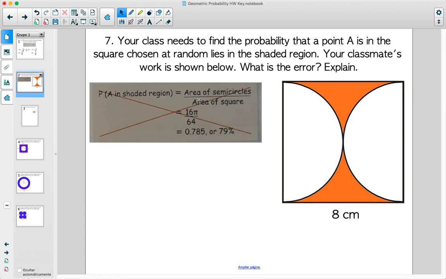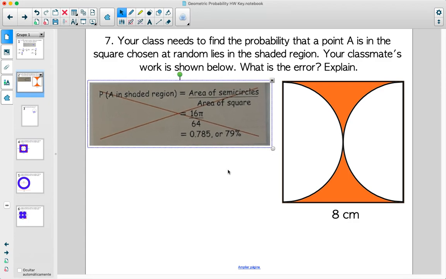So if we put the area of semicircles, we are saying what's the probability that the point will be in the shaded semicircle? So Niall, you are in denial. We do not want to use just the area of semicircles. We will use it, but we need to edit this. So let's go over what the correct work should be.